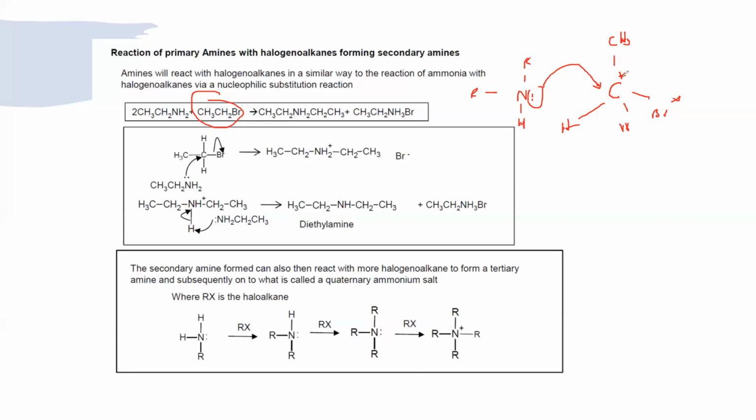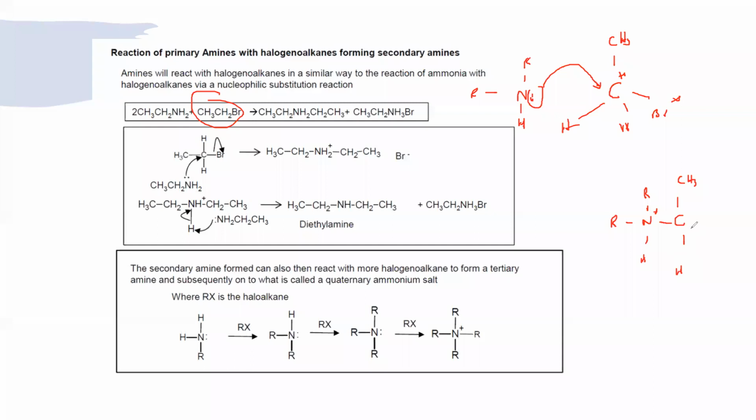Once it forms a bond, it will be R, N, R, H, because nitrogen donated the electrons. There are two electrons, a lone pair on nitrogen. Nitrogen donates one of the electrons to carbon and forms a bond with carbon. As the nitrogen completely transfers the electron to carbon, nitrogen will get a positive charge.